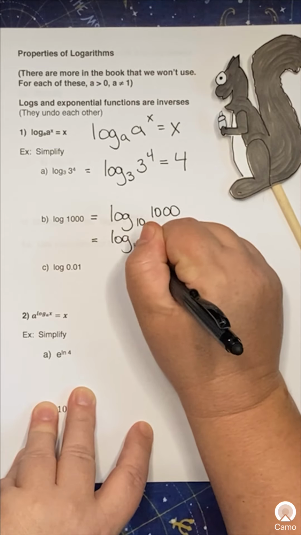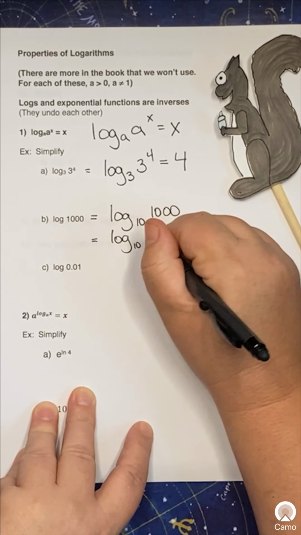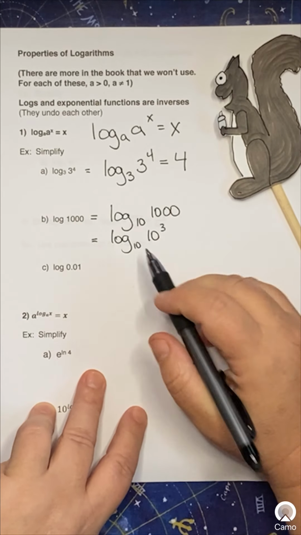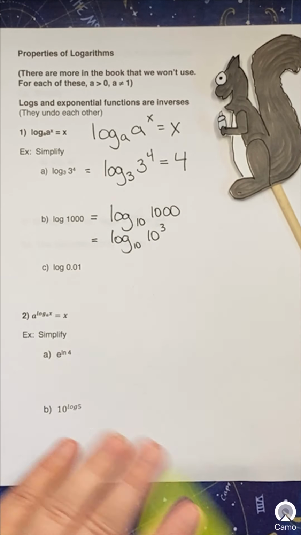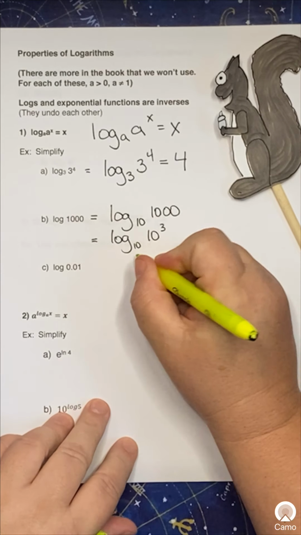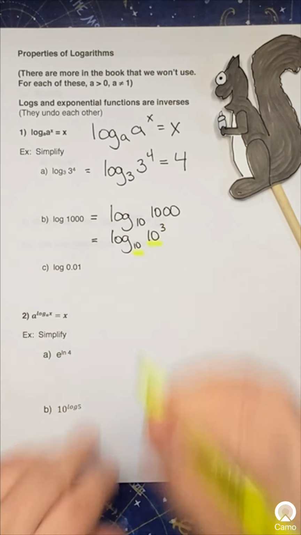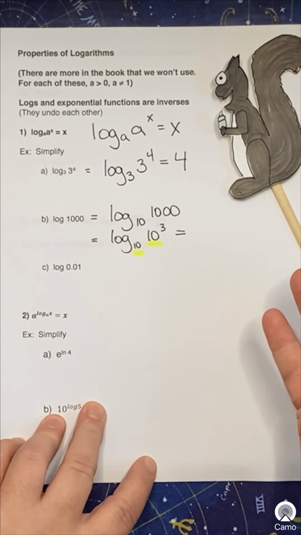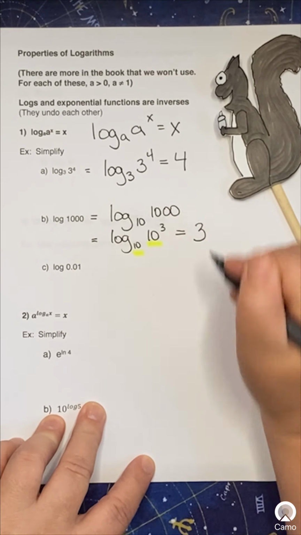So this is log base 10 of 1,000, which is 10 cubed. And then if you've got two matching numbers there in the middle, if this base matches that base, then the logarithm and the exponential part undo each other.